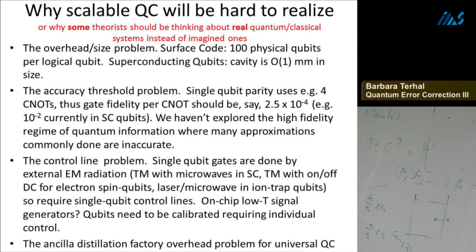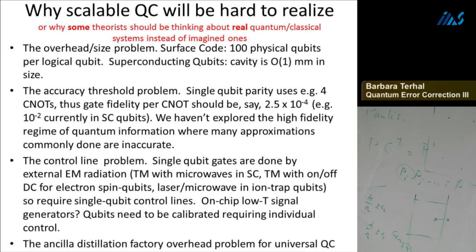So I want to summarize the problems I see, which are of very different natures, that make it very hard to realize scalable quantum computation and error correction through the path that I have discussed. There are other ways people think about it, and I think more people should be thinking about this. So the first thing is this overhead size problem.